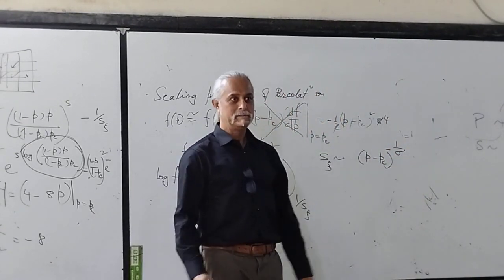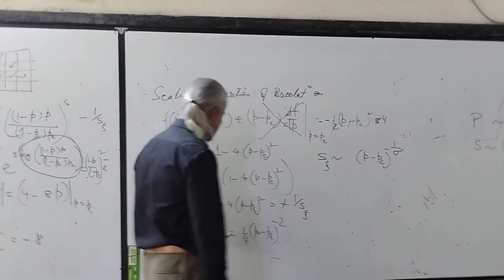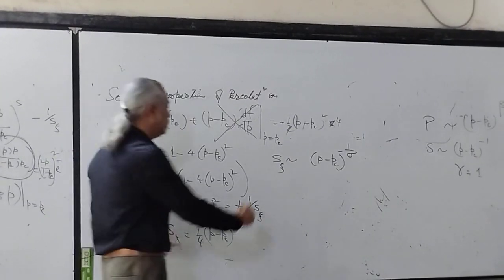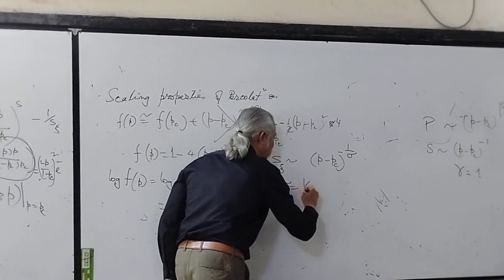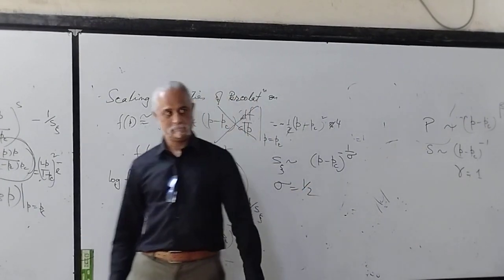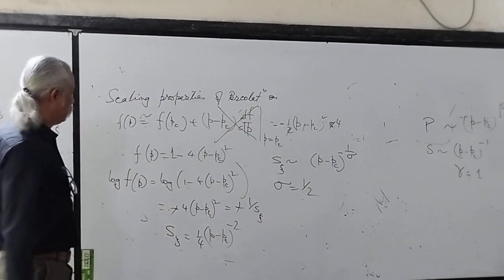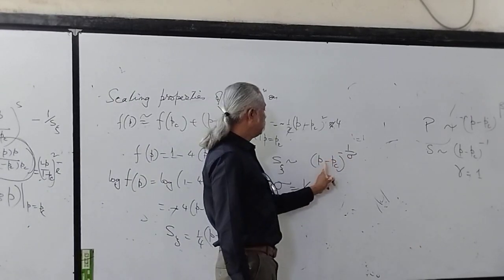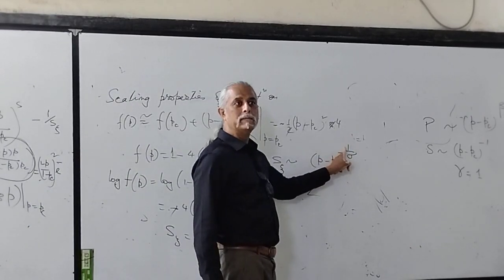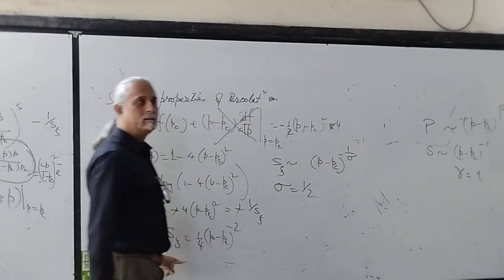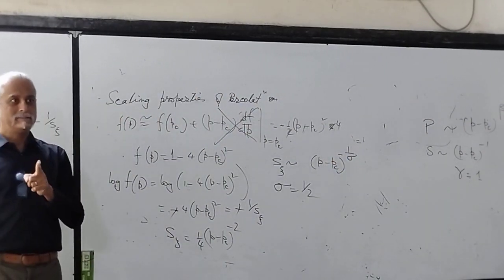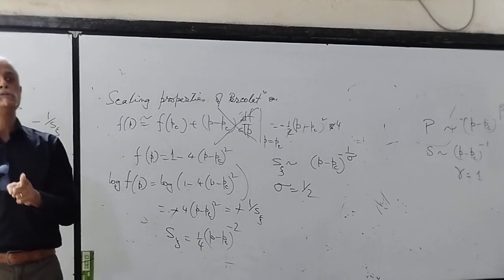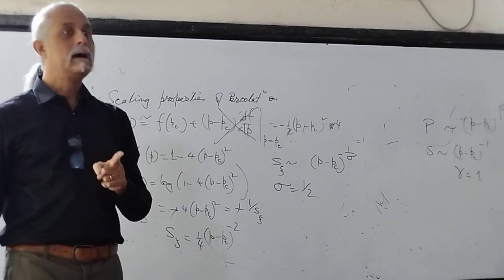So if we map this and that we find sigma equal to half for percolation. If we put sigma equal to half, then we get (p minus pc) to the power minus 2 which is there. So for Bethe lattice, sigma equal to half.